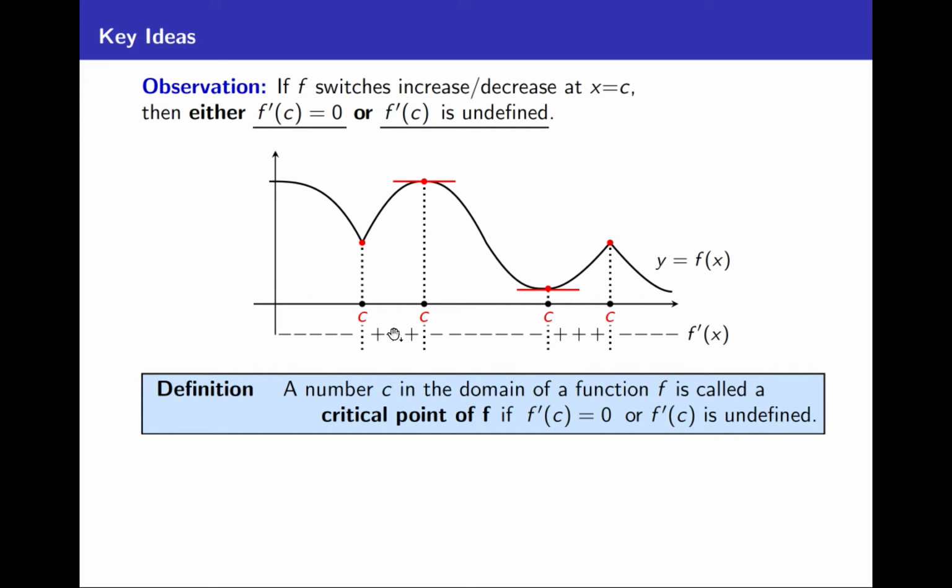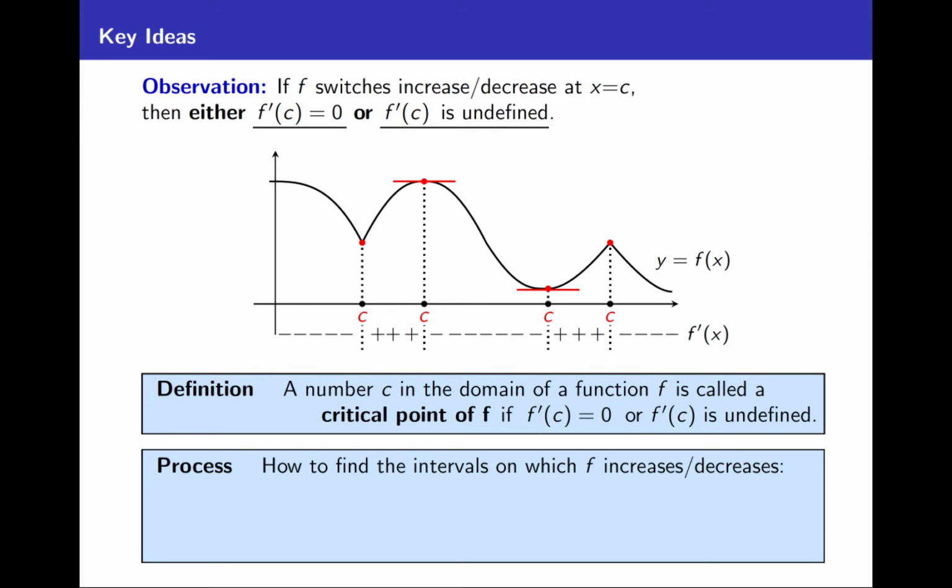So these four values of c that you see here, those are called critical points of the function f of x. When you change from increase to decrease, or decrease to increase, that happens at a critical point.